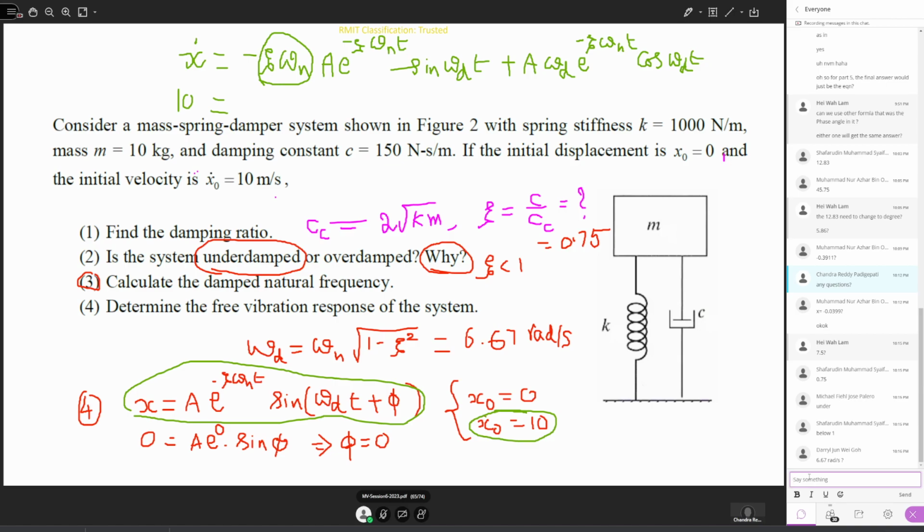Then if you put t equal to 0, this will be 0, so then this will be 0 also. Then from substituting, x dot is equal to 10, the velocity. So calculate A into omega d.